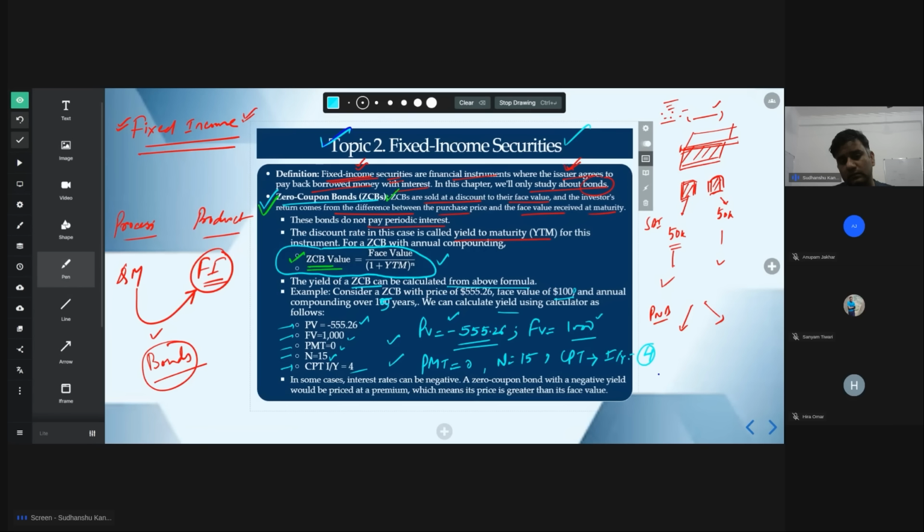Sometimes they give only 3 things here. They generally will not give you FV, right? If they don't give you FV, then if the price is 4 digits, put 1000 as FV. If it is 999 or something like that, put FV as 1000. If it is 99 or 98, put FV as 100, right?